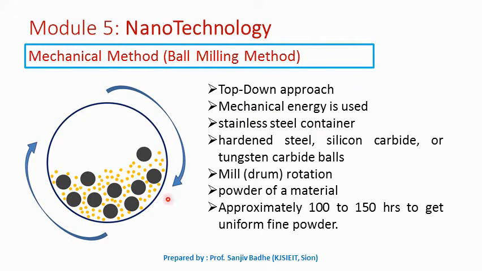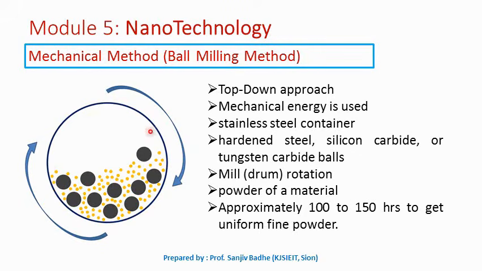This ball milling method consists of balls and a mill chamber. This mill chamber is nothing but a stainless steel container, and in this stainless steel container a large number of small hardened steel balls or silicon carbide balls or tungsten carbide balls are kept.